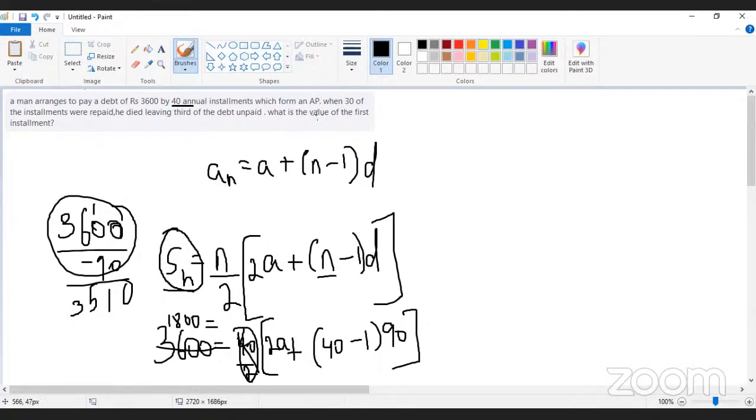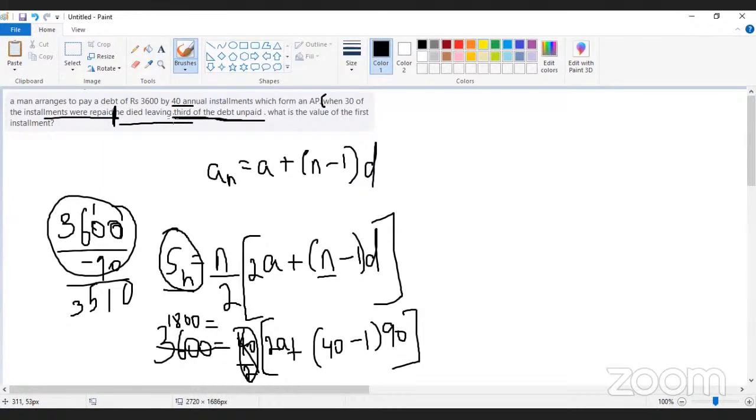Now, what is the value of the first installment? Here, when 30 of the installments were repaid, he died leaving a third of the debt unpaid.